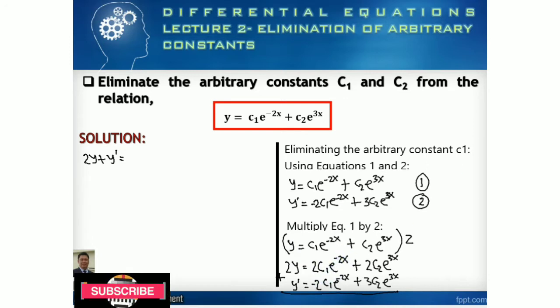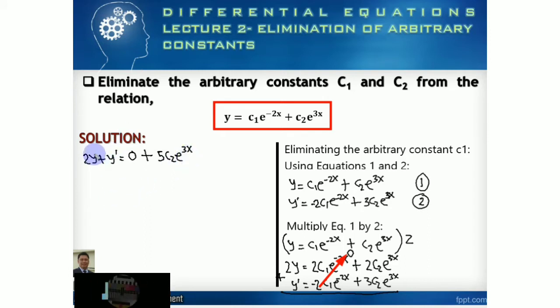Okay, so this is now equal to 0. We have now this term only here. So this would be 0 plus this one, 5. 2 plus 3 is 5 c2 times e raised to the power of 3x.